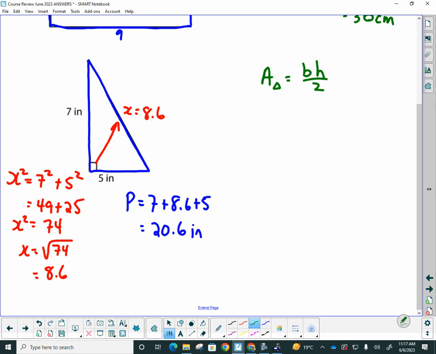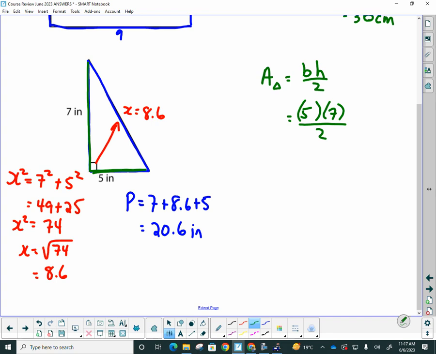Now it's just a matter of figuring out which sides are the base and the height. So the base is the one along the bottom, so I think that's pretty obvious that that's 5. And the height is the vertical height, the straight up. Okay, not the slanted height of 8.6, but the vertical height is straight up is 7. And divide that by 2. So we don't actually need the slant height, the hypotenuse, for this.